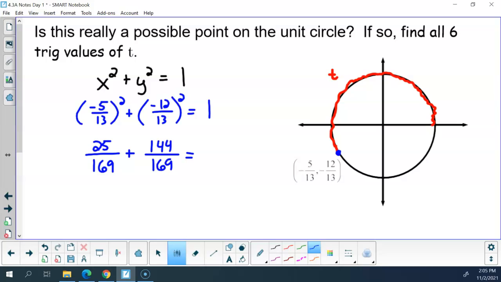The nice thing is, we already have common denominators. So we just got to add the tops. 25 plus 144. 169. So this is 169 over 169. Is that equal to 1? Yeah. All right. So we checked it. It is on the unit circle. So now those 6 relationships that we just talked about are all valid. We can use those because we're on the unit circle.